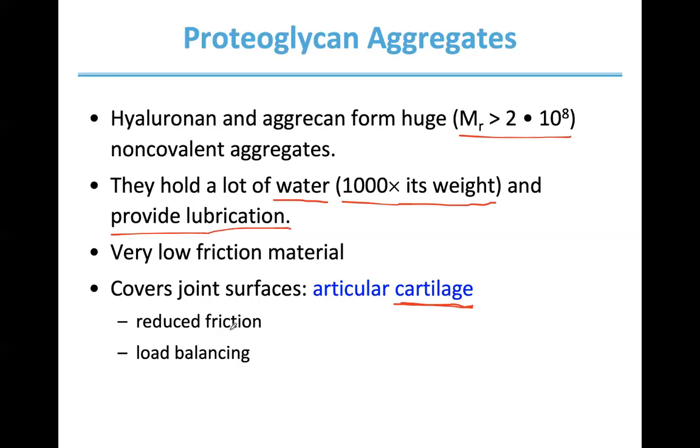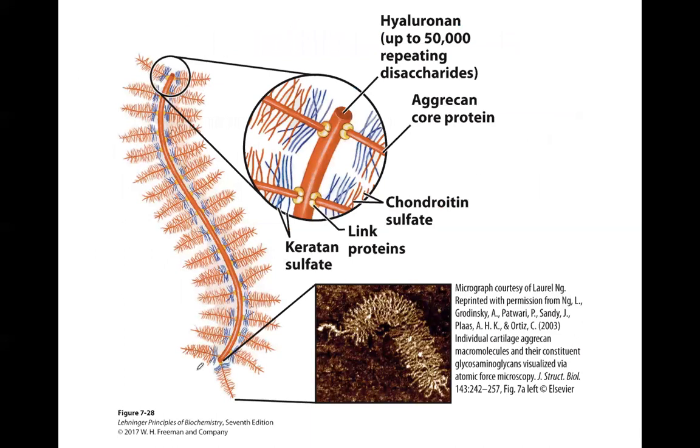So reduced friction, right, and load balancing. And so these large aggregates look something like this. For example, here you will have this repeating disaccharide. This will be hyaluronan.